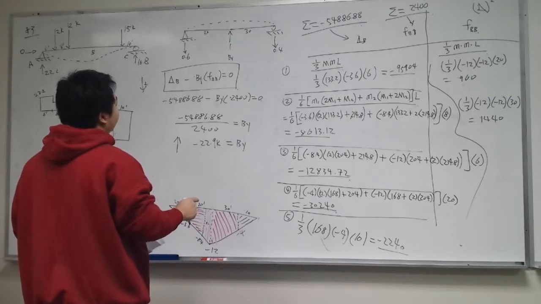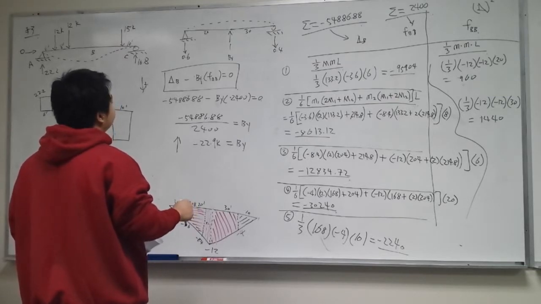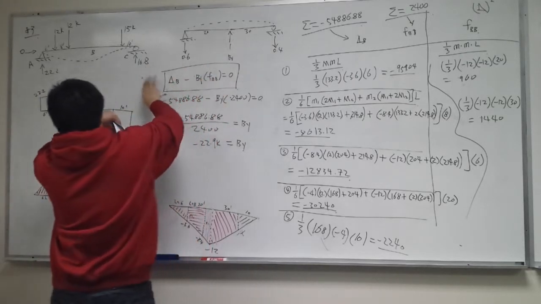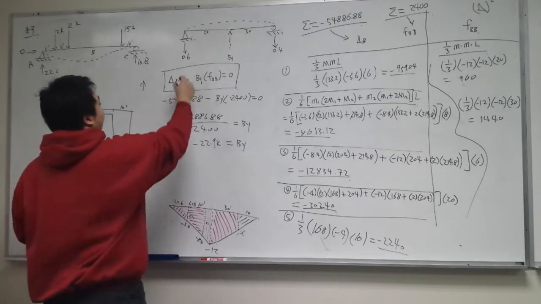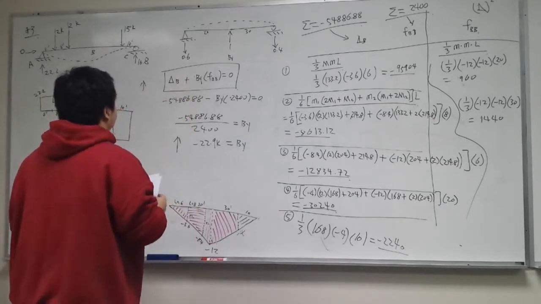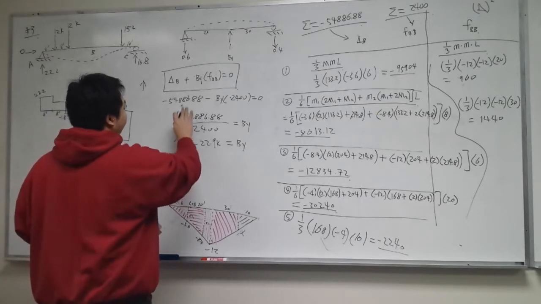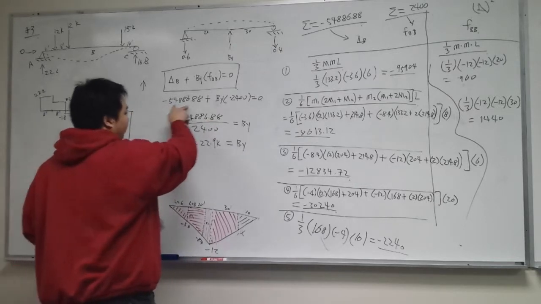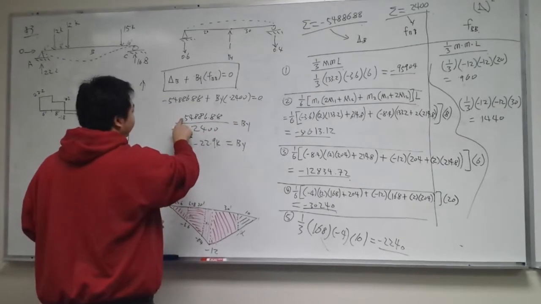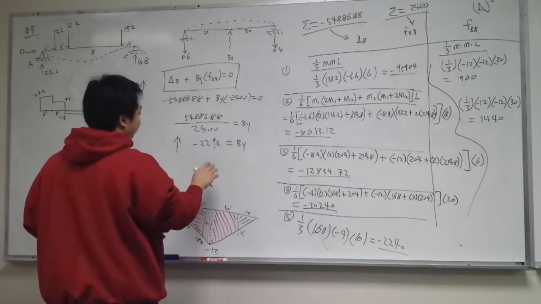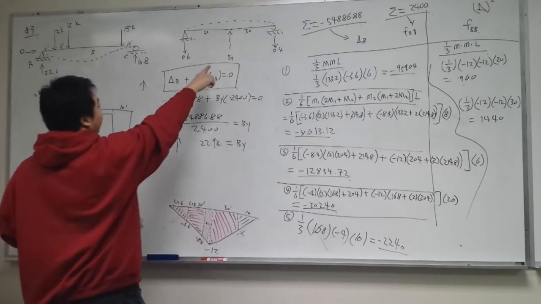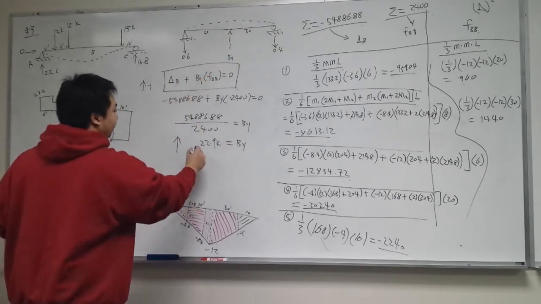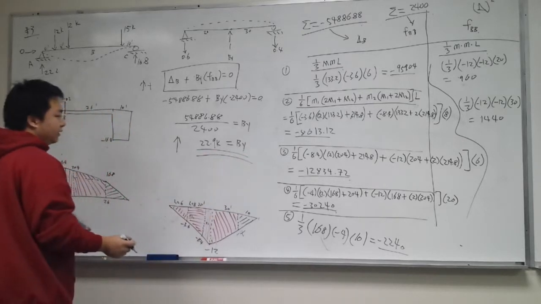I assume going up is positive. So when you bring the negative side to the zero, it becomes positive. Positive divided by positive, so it's going to be positive. And like I said before, going up is positive, so this one is going up. So we have By is 22.9.